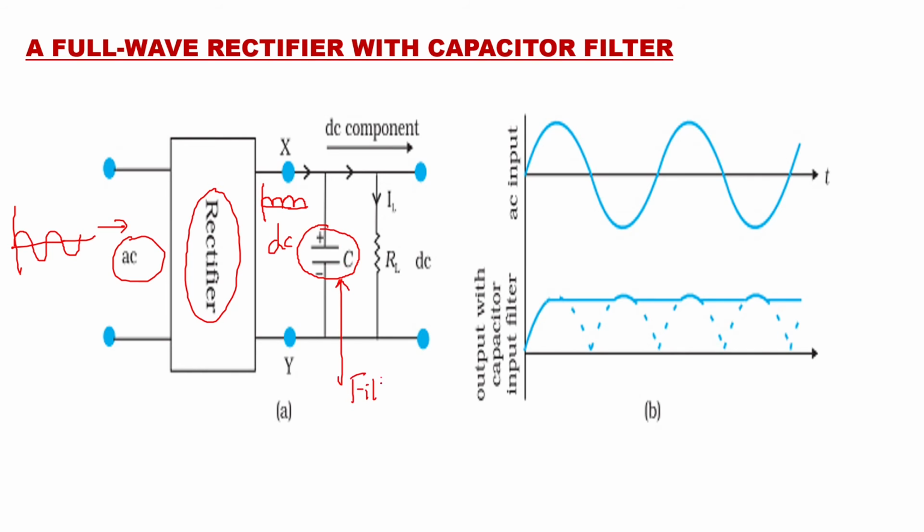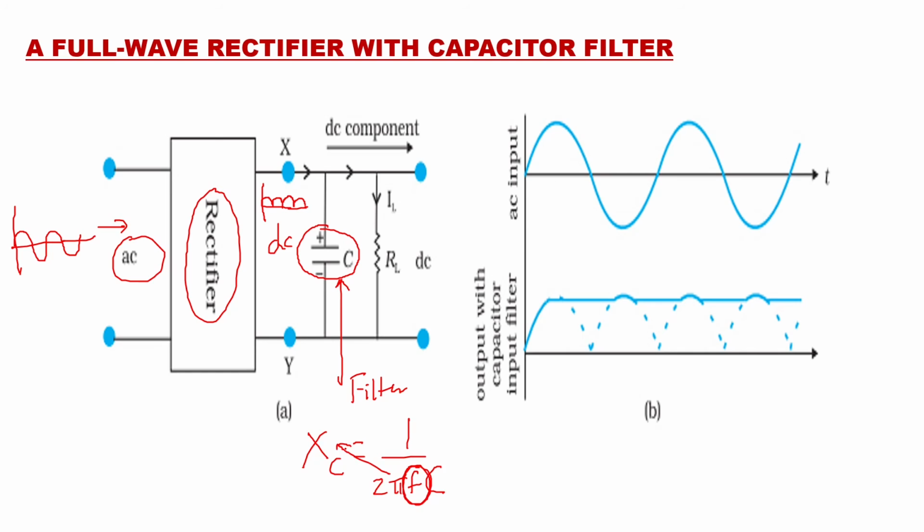It is acting as a filter because we know that a capacitor will pass AC and block DC. That is because of the capacitive reactance, that is, the opposition to the flow of current, which is given as 1 by 2 pi fC. That is, frequency is inversely proportional to the reactance.